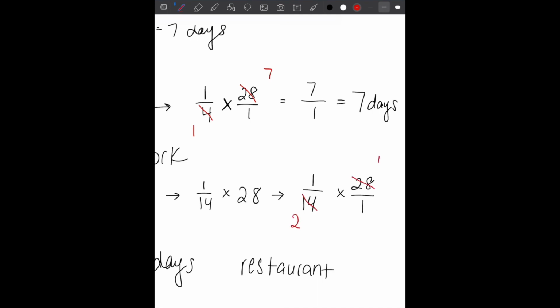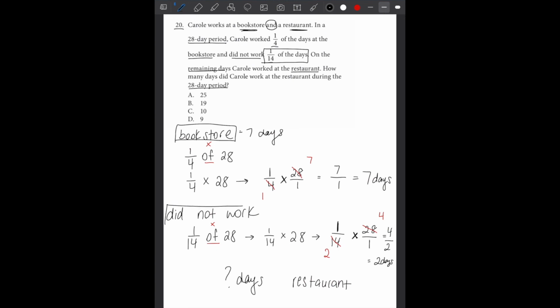How many times can 7 go into 28? 4. So now I have 1 times 4 is 4, and 2 times 1 is 2. 4 divided by 2 is 2 days. So the days that she did not work were 2 days.